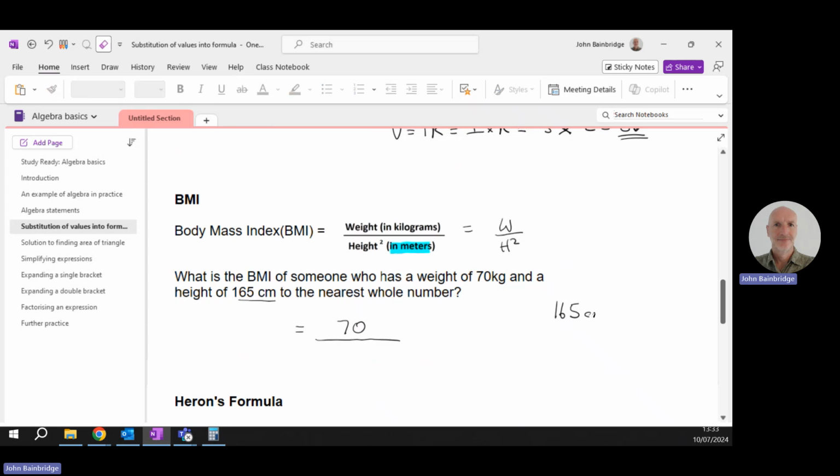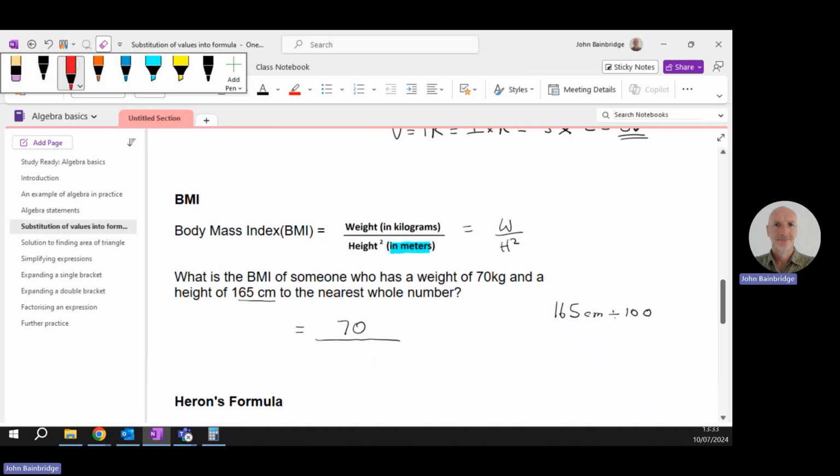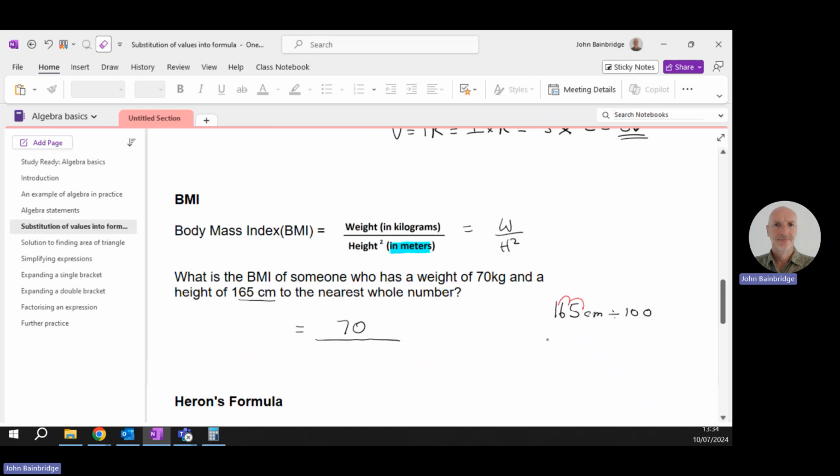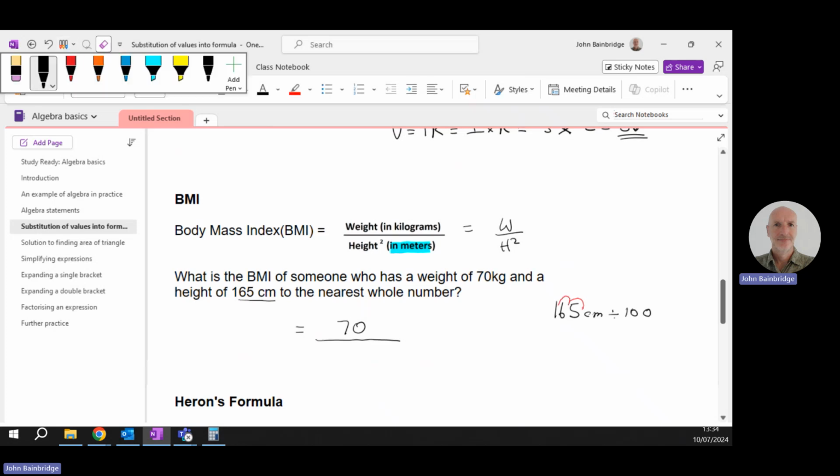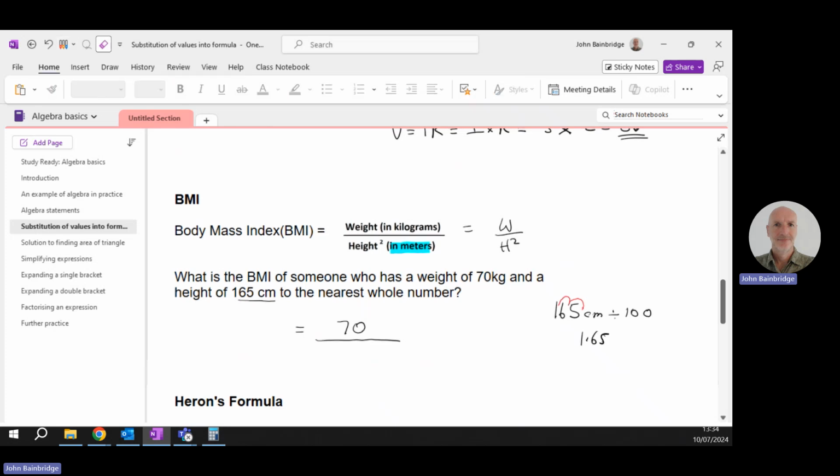So 165 centimeters, there's 100 centimeters in a meter. So divide by 100, move the decimal place 2 places, and we get 1.65 meters. So that's in the correct units now. So we put 1.65 squared like that. And then we work that out.